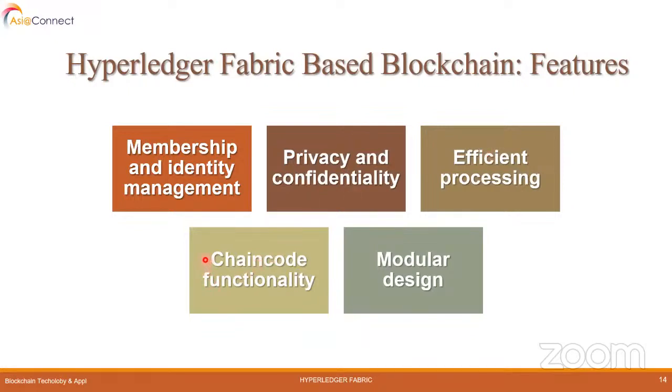What is new that you are finding here is something which is known as chain code. Chain code is basically nothing but smart contracts bundled together, giving you an option to have an interface to deal with each smart contract. So chain code functionality, how do chain codes function?